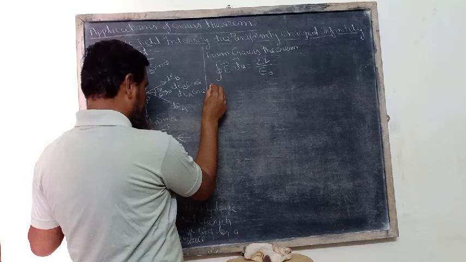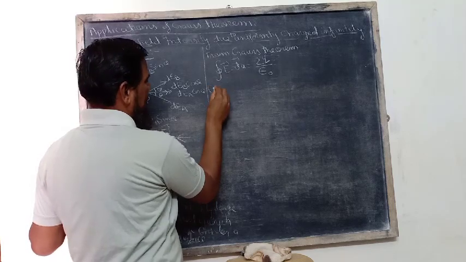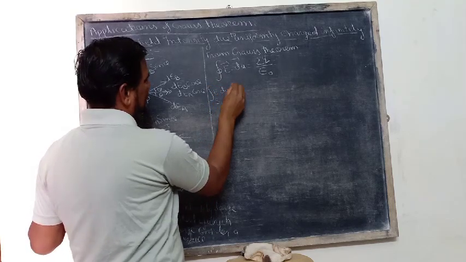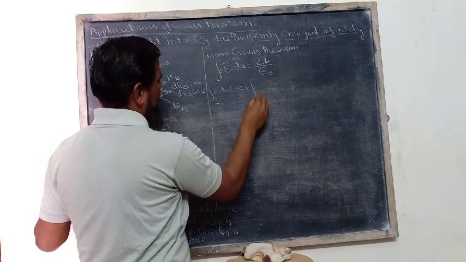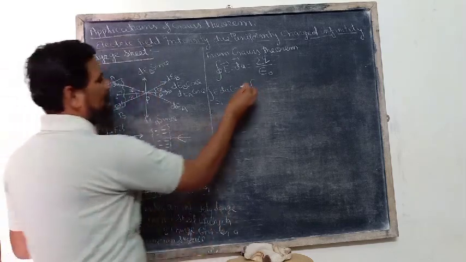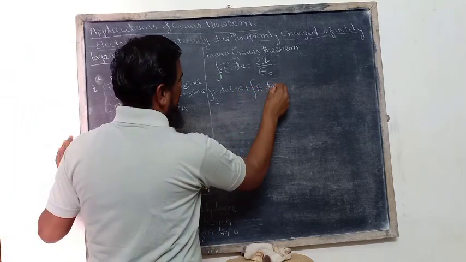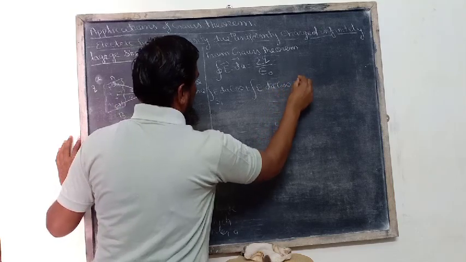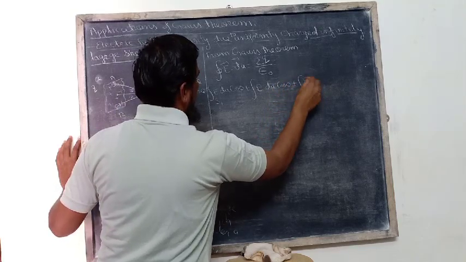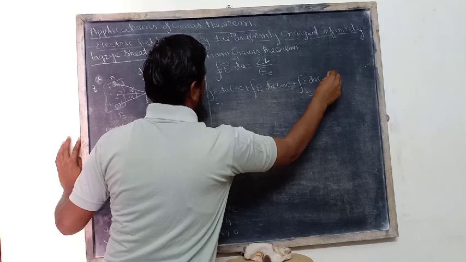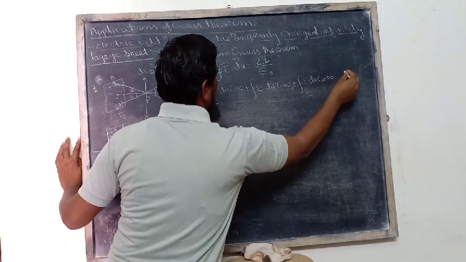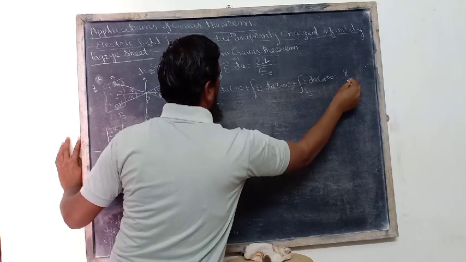Now we divide it into three surfaces. Surface S1: E dA cos 0; surface S2: E dA cos 0; surface S3: E dA cos 90. This is equal to Q upon epsilon.